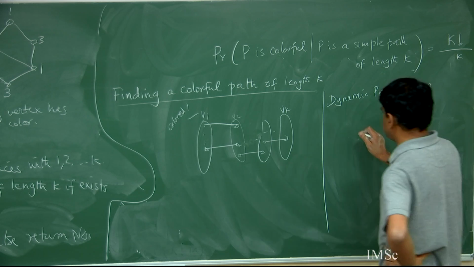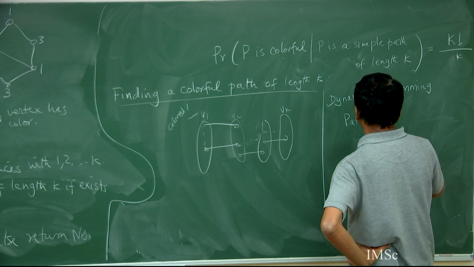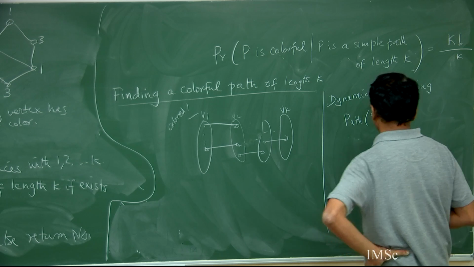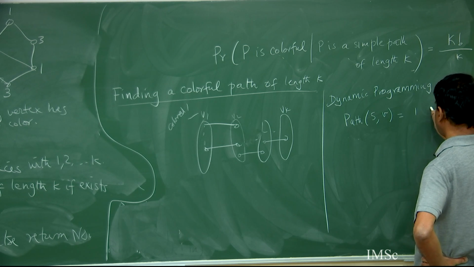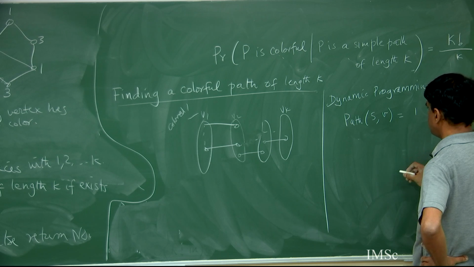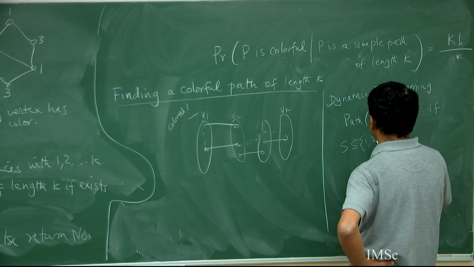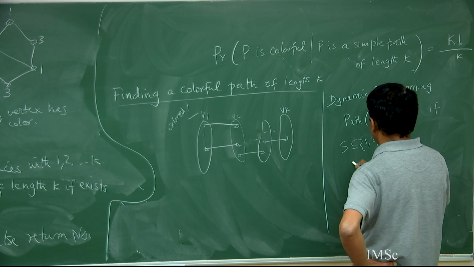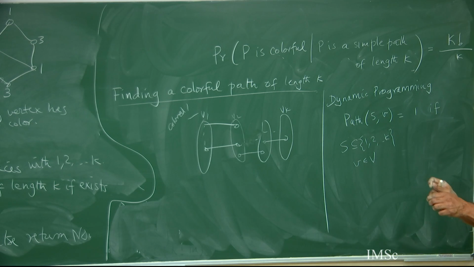So let us define this path(S, V) is equal to 1 if, so what is S? S is some subset of 1 to k and V is in V, because I am going to extend, so I want to know where it is ending.